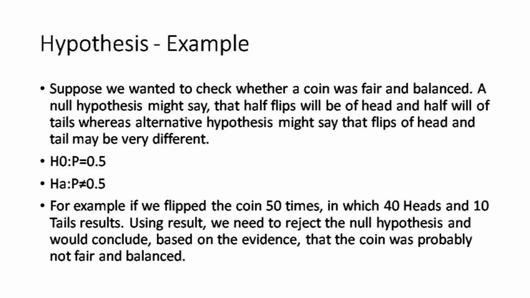For example, if we flip the coin 50 times, in which 40 heads and 10 tails came, then using this result, we need to reject the null hypothesis and would conclude based on the evidence that the coin was probably not fair and balanced.